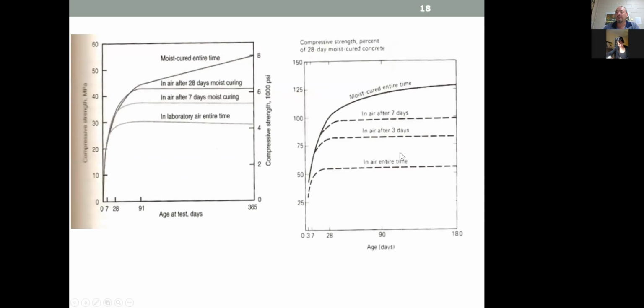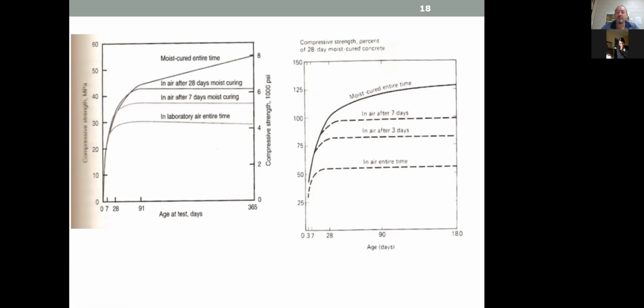And to the right here on that side, we also see compressive strength and percent of a 28-day moist cured concrete. So don't let that confuse you. That just means that those curves are based on moist cure the entire time. So at 28 days, you would come up and see that would be exactly 100. Now where we will use this figure is when we test concrete at sometimes even 1 day, but usually 3 days, 7 days.